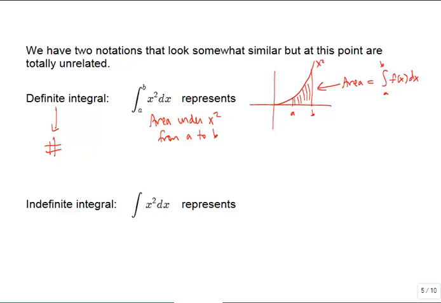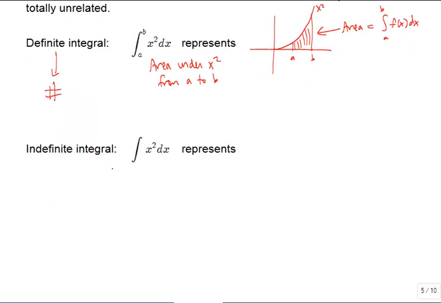Now let's contrast that to our indefinite integral. So this would look very, very similar, but notice there's no bounds. Now the integral of x squared dx represents the antiderivative of x squared. And we know what that would be. That would just be x cubed over 3 plus c.